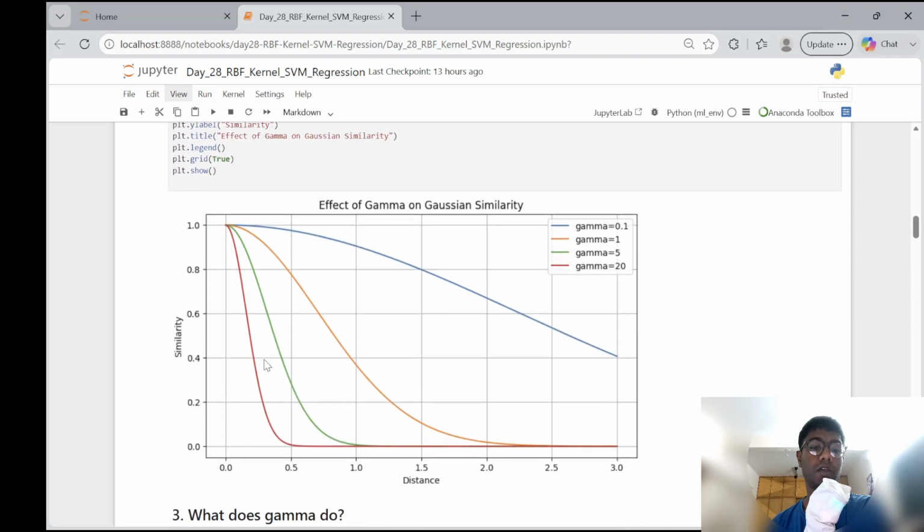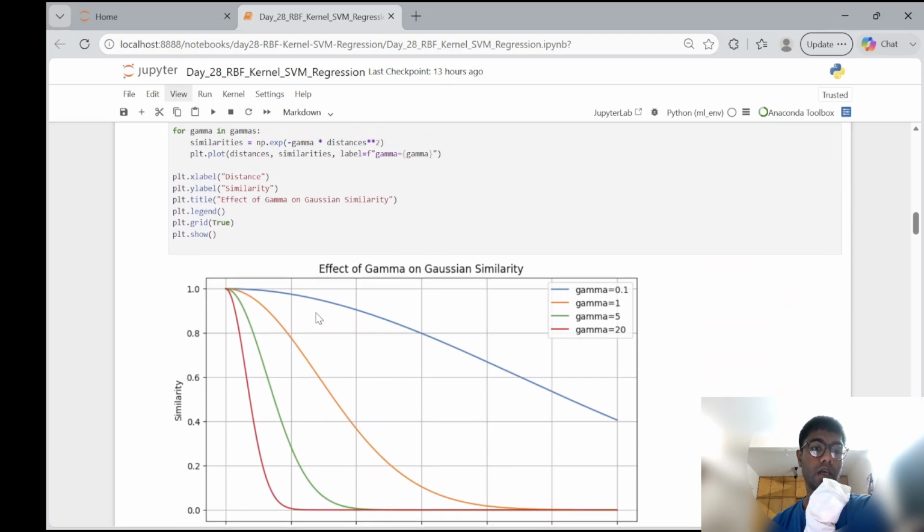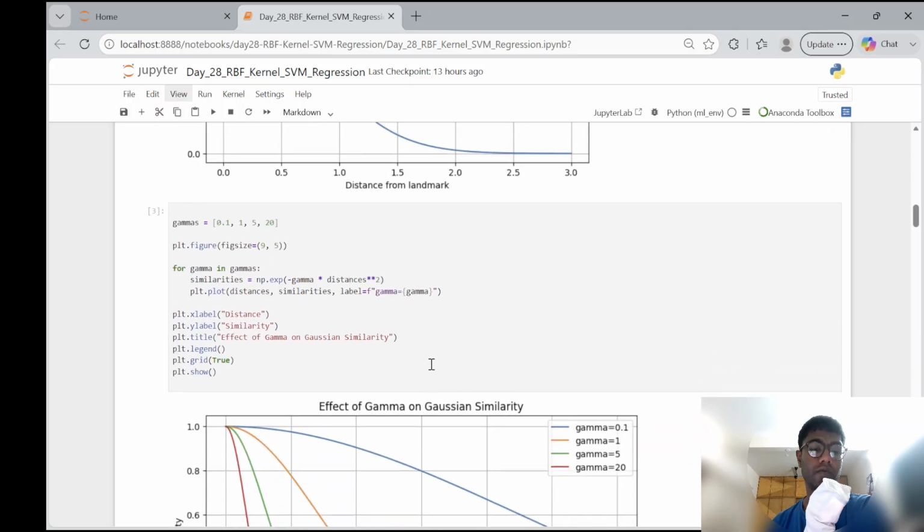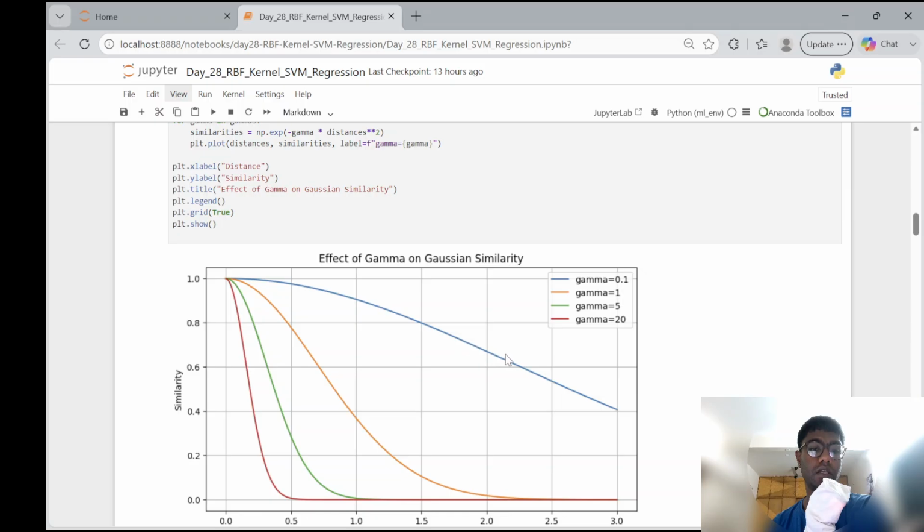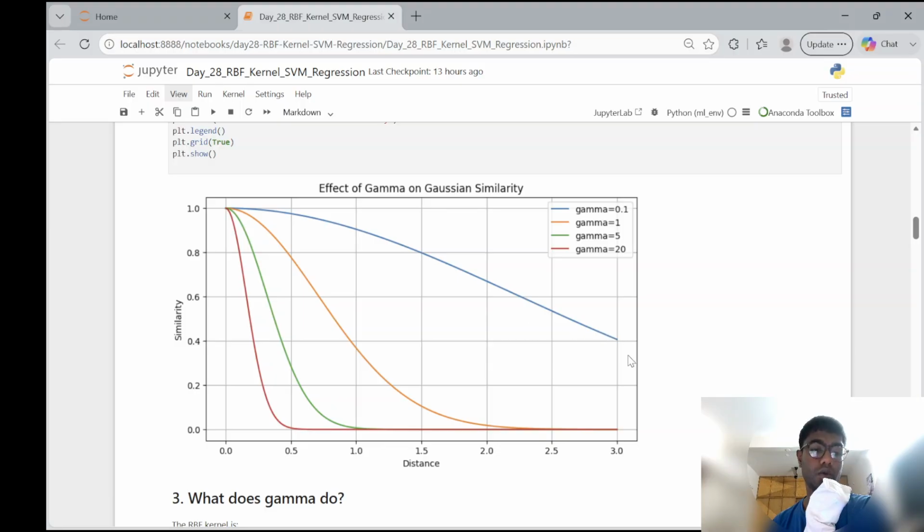Gamma is a parameter which controls the effect of the similarity. It can decrease sharply when we have larger gamma values, or decrease slowly when we have lower gamma values, right?